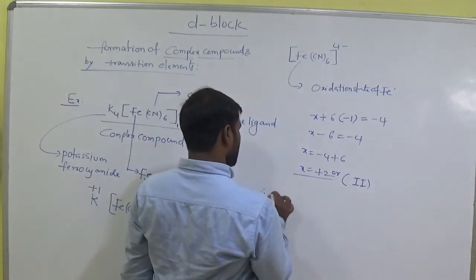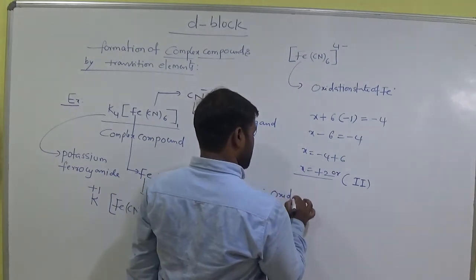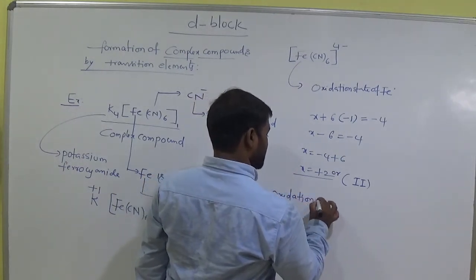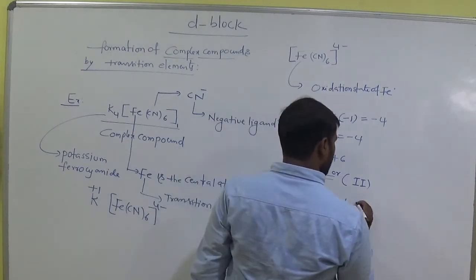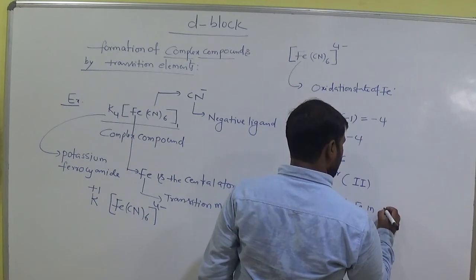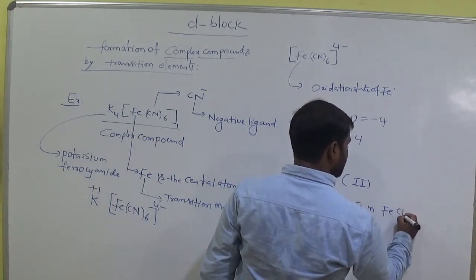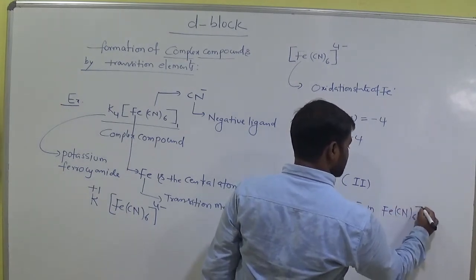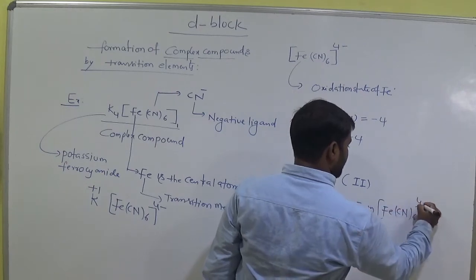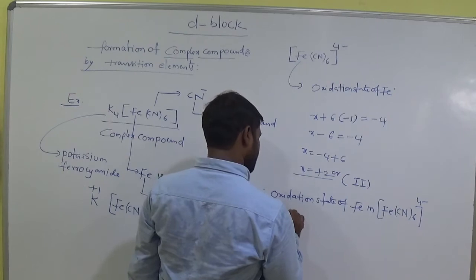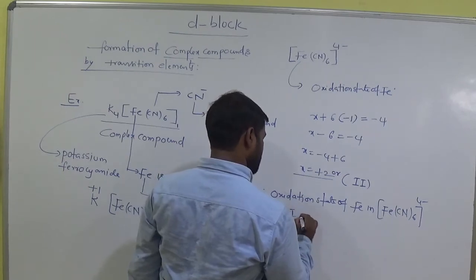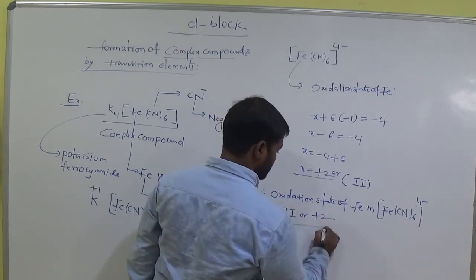Therefore, the oxidation state of iron in [Fe(CN)6] 4 minus is II or +2, both are correct.